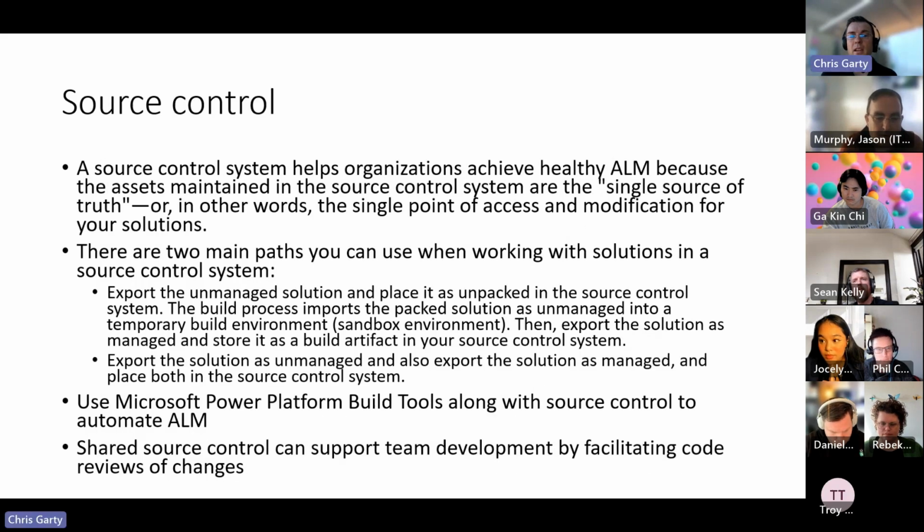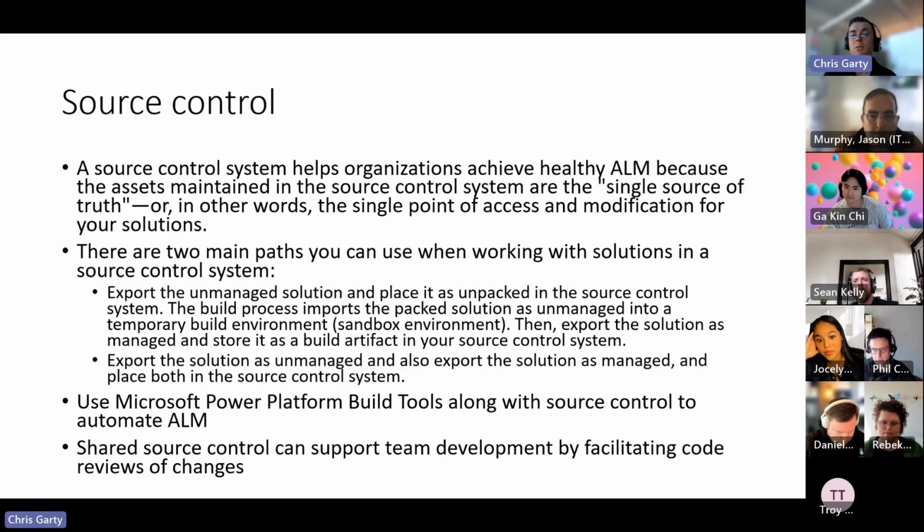We also talk about source control. Source control is an important topic, one that is facilitated today using Power Platform build tools. With build tools and source control, you can automate ALM. Source control is where you're going to have your single source of truth, all of the resources that you're creating inside of your environments.